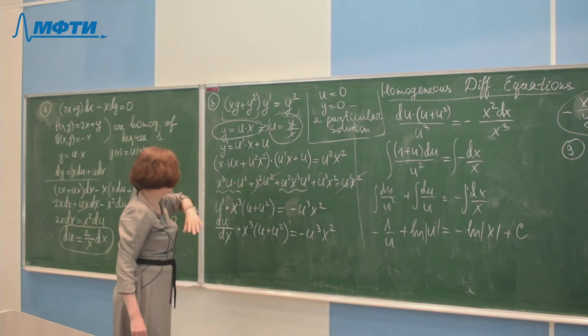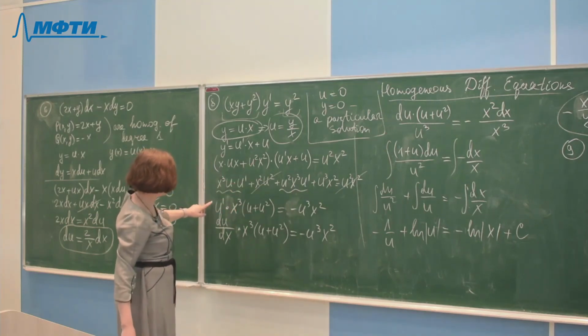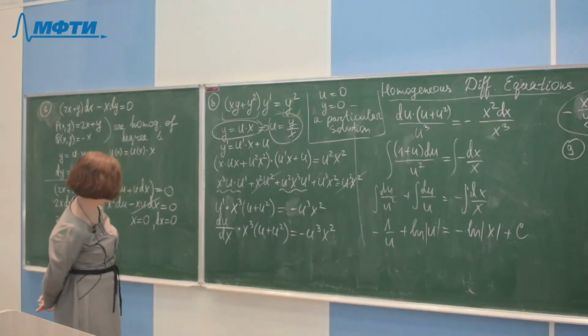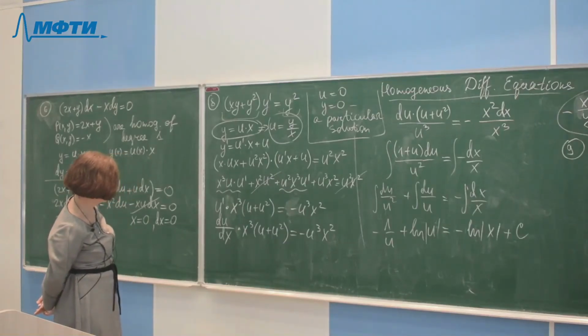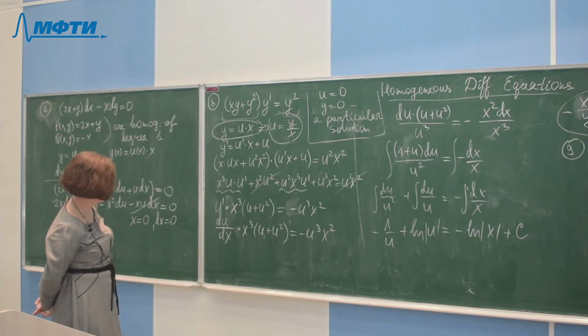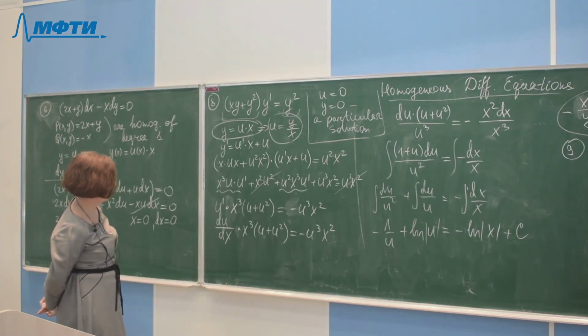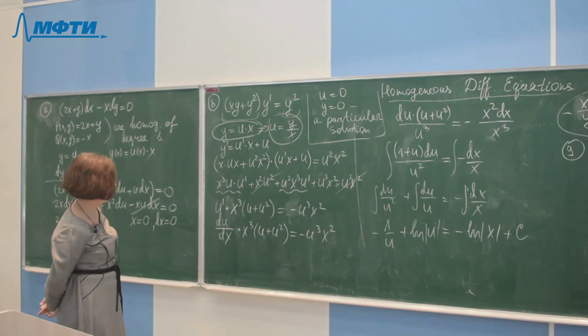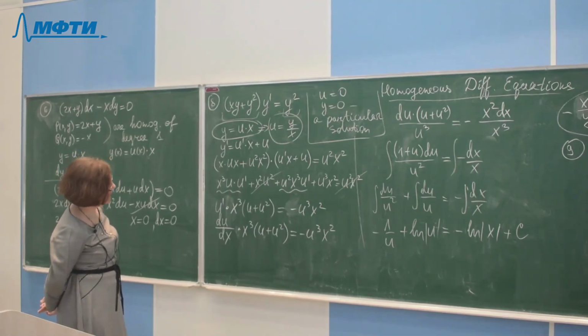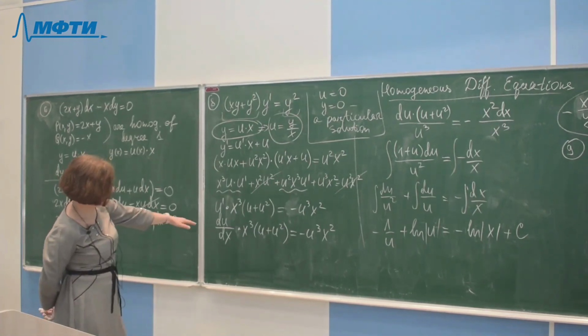So next, cancel out factors x cubed u. Let's check. So in my opinion, it's okay. So I think it's correct.